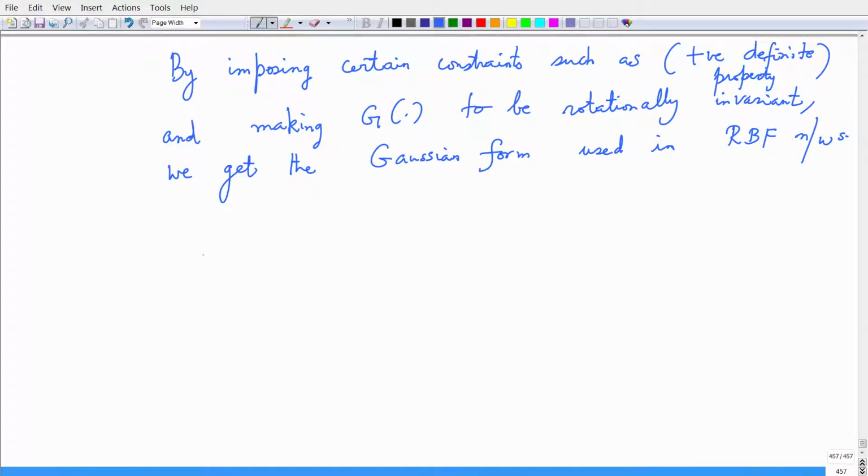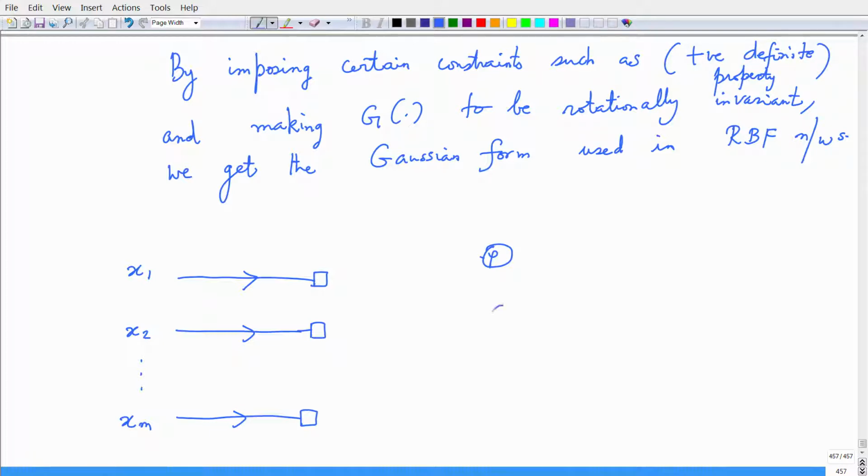So, just to recap and sketch this network, we have x1, x2, so on till xm. These are my inputs. And from each of these inputs I connect them to the RBF units comprising of these functions phi, which take this Gaussian form, and this network is fully connected.